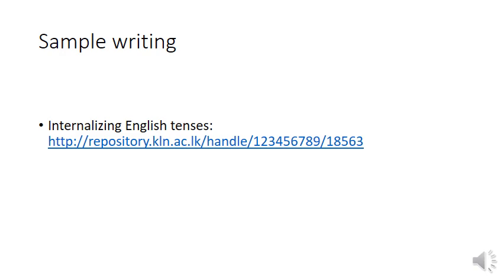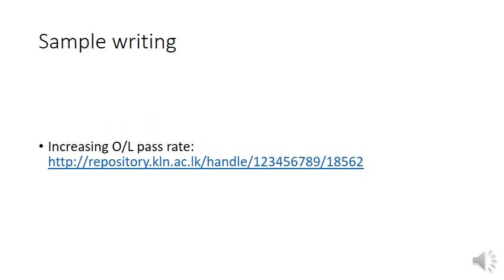The title: a case study on the effectiveness of oral approach in internalizing the English tenses. I will read the abstract of this research. Writing sentences without making mistakes in the application.